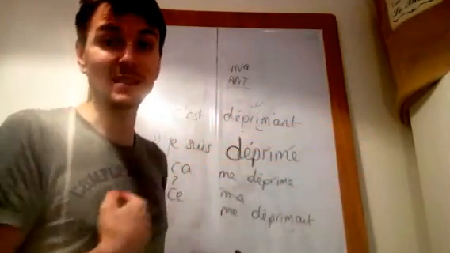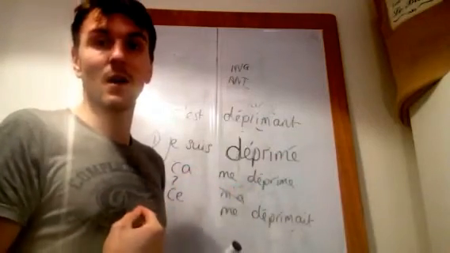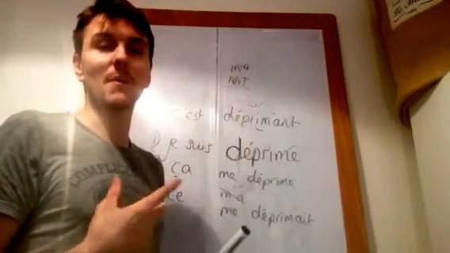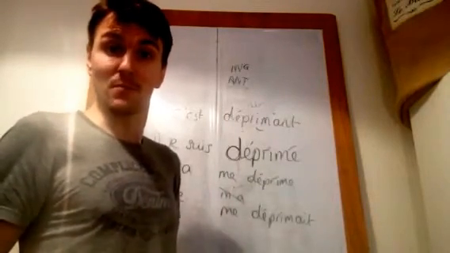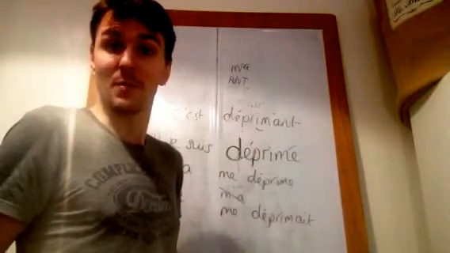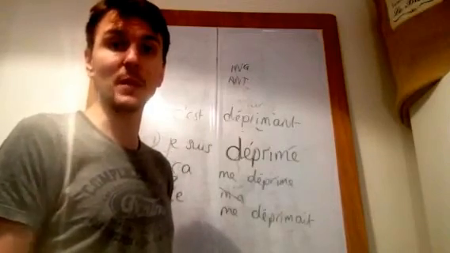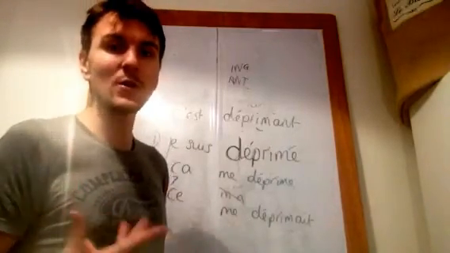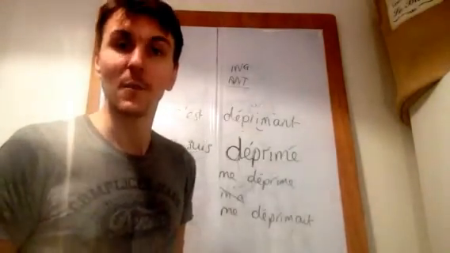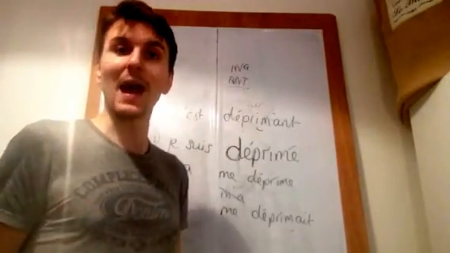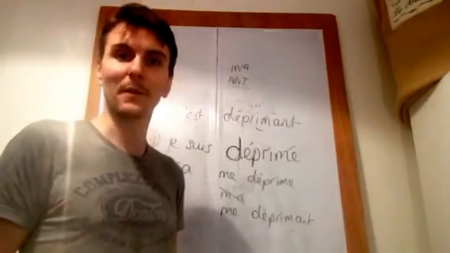So he depresses me, il me déprime. But in French, déprimer can be to be depressed. So I'm depressed could just be je déprime. And when you first hear this, I'm sure many of you will think, well, you're depressing what? But I'm depressed is just je déprime, as well as je suis déprimé.